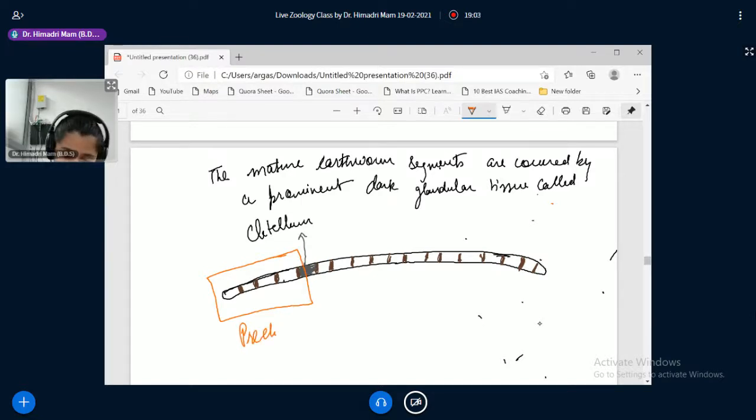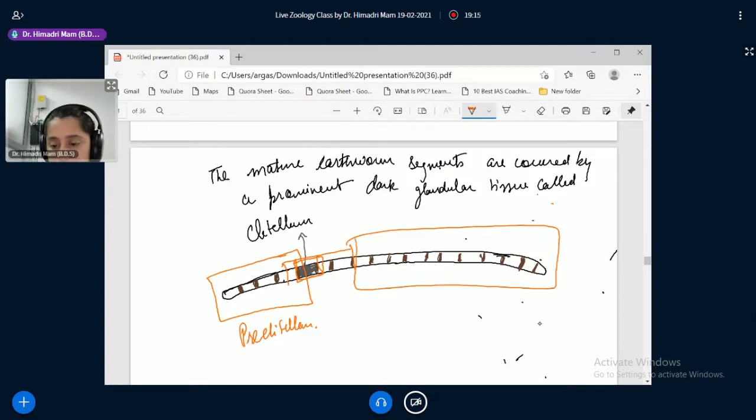Right. Then we have the clitellum region, surrounded by clitellum, and we have the post-clitellum segment. Right?